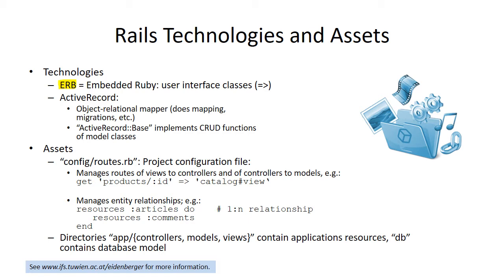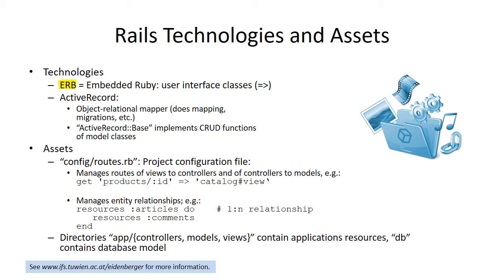The definition of widgets and of placeholders is very simple to learn. On the other end, on the model side, we have the ActiveRecord class, which is the mapper for objects to relations and back, or to entities. It also takes care of all the migrations whenever you change the data model by introducing a new class, for example, linking it to the others.